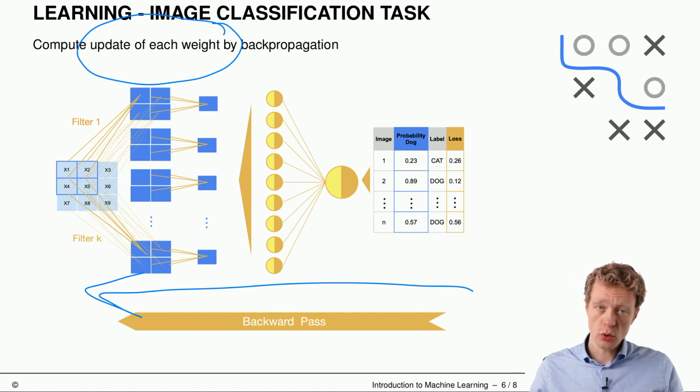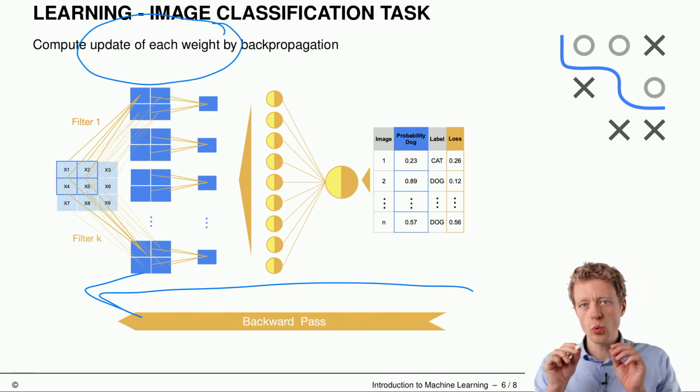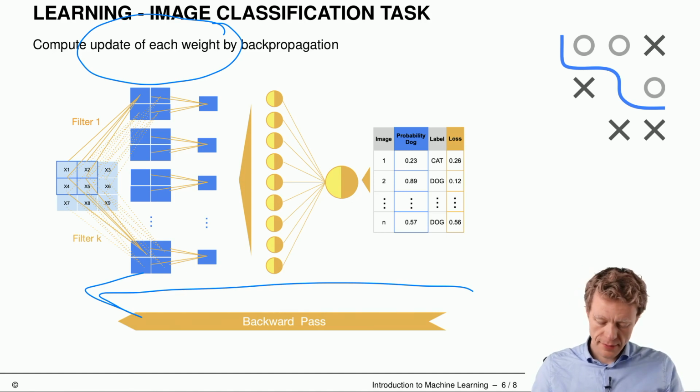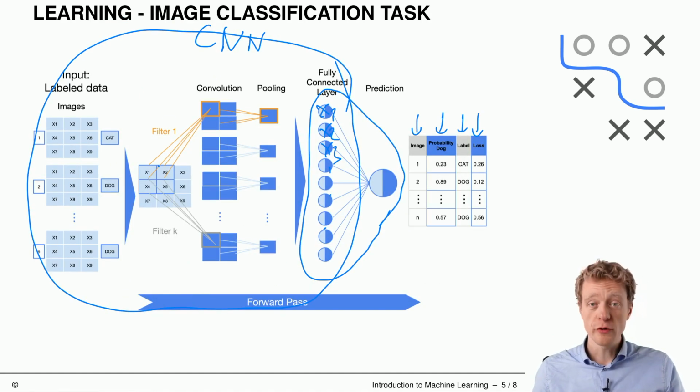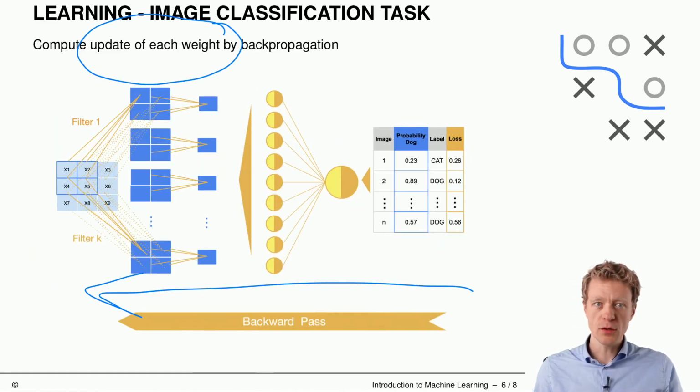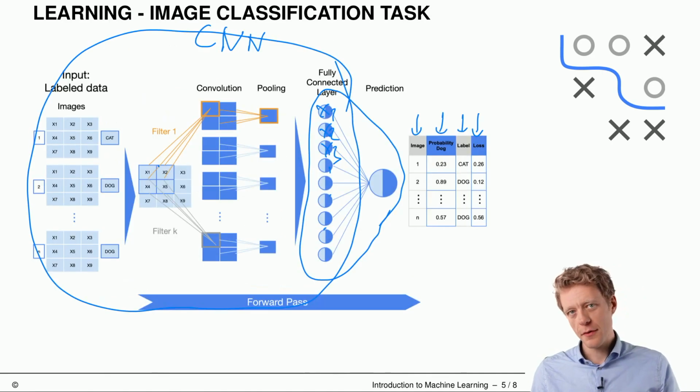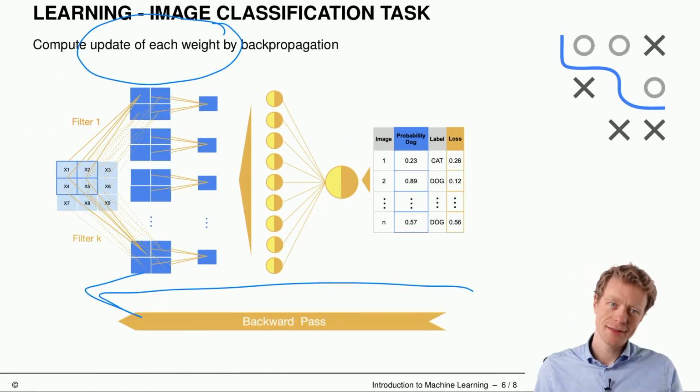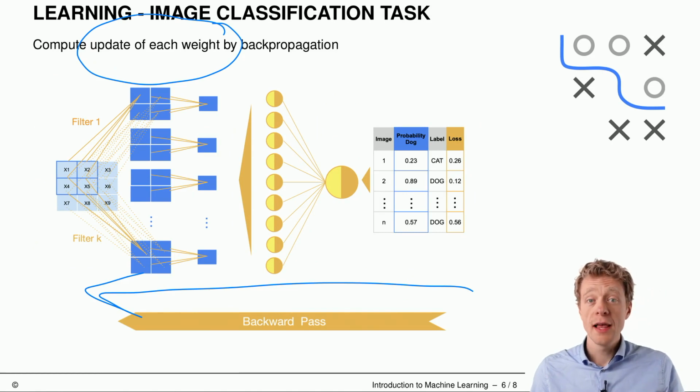So we go all the way backwards from the very end of the neural network to the very beginning, and change all the weights a little bit by updating them. And then we do a forward pass, compute the new loss, because perhaps we have a new prediction. We take the derivative, go back, update the weights a little bit, go forth, compute the loss, go back, update the weights, and so on, until we have to stop somewhere. So there will be some criterion which tells us when to stop. We'll see more about this later.